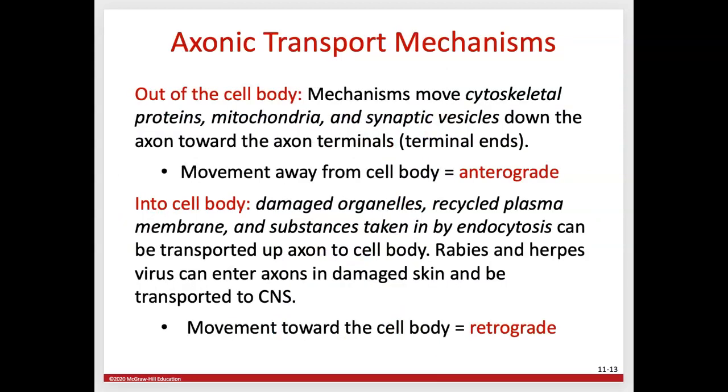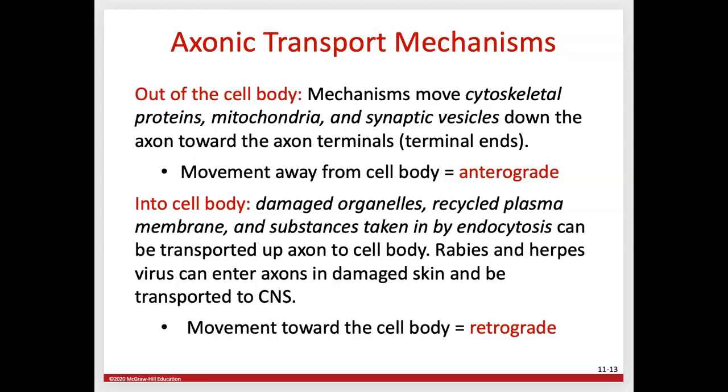So axonic transport mechanisms. So how do things get transported through the axon? So out of the cell body, there are mechanisms that move all sorts of things: cytoskeletal proteins, mitochondria, synaptic vesicles, and they are carried or transported along the axon toward the axon terminals, or the terminal ends.